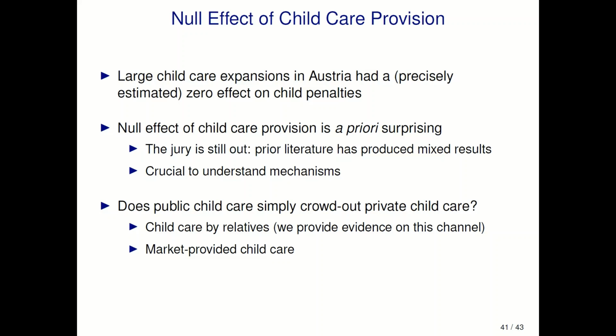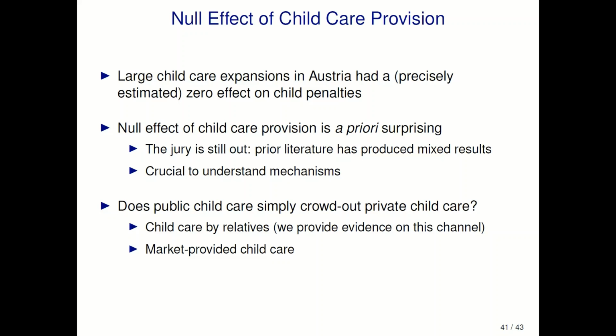And so to really understand the effect of childcare is one of those areas where understanding mechanisms is really key. Specifically, the question we have with childcare is the degree to which it crowds out other forms of childcare that are already there. It seems very natural that the impacts must be very different depending on the baseline market for childcare. I think there are two kinds of childcare going on before, right?